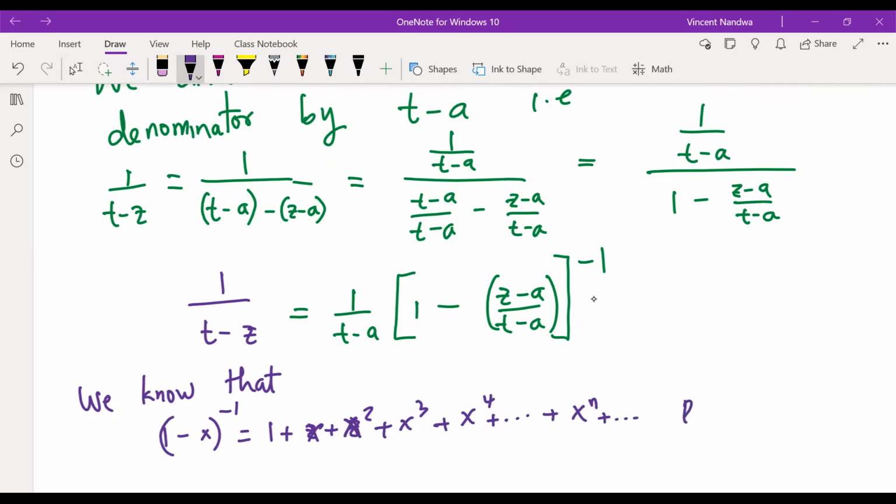So this is the binomial series, and this works whenever the absolute value of x is strictly less than 1.